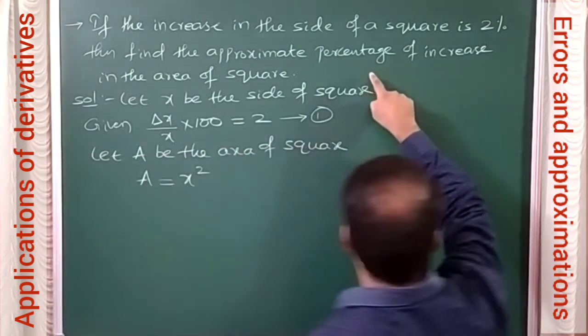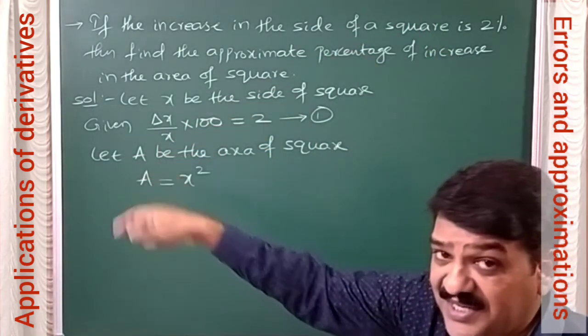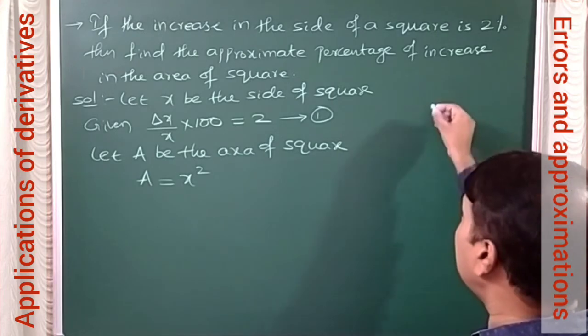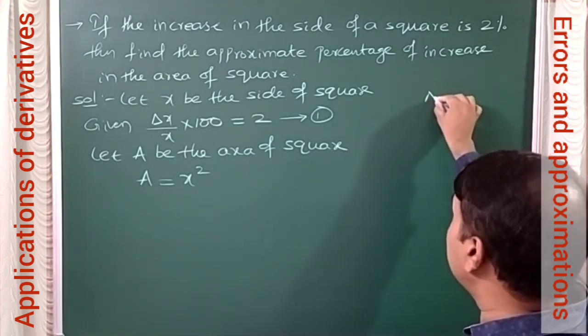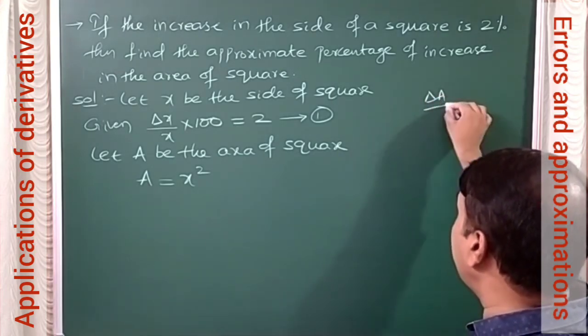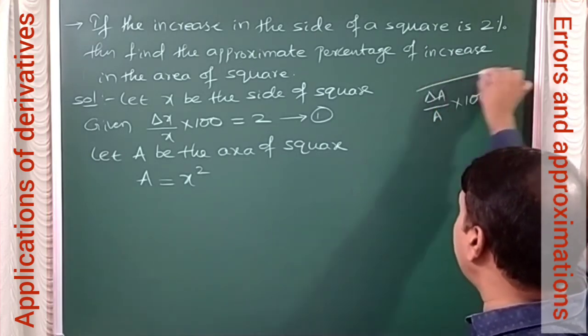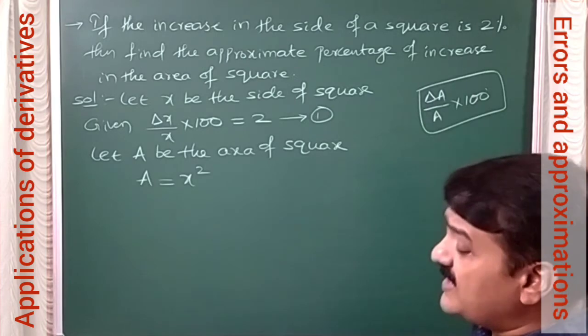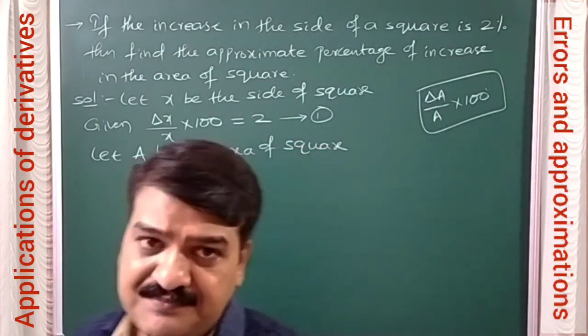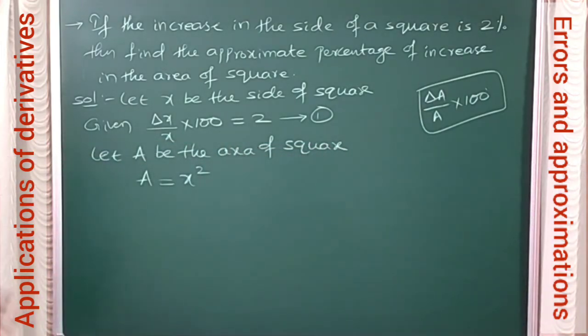What they are asking is the percentage increase in the area. Area is A, so delta A by A into 100 will be the percentage increase in the area. So that is your requirement. Delta A by A into 100 you have to find.